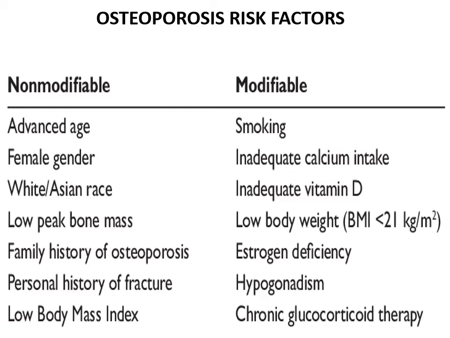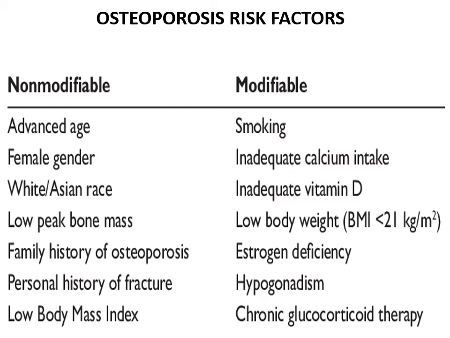Inadequate calcium intake. So as we're reaching peak bone mass, as a child in our teens, 20s, 30s, we want to make sure that we're getting proper intake of calcium and vitamin D to build the bone, to get to a good peak bone mass, right?